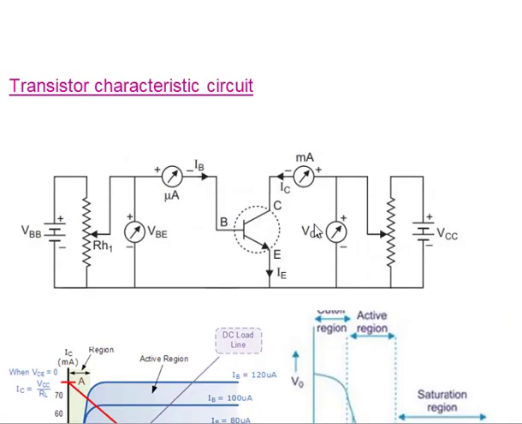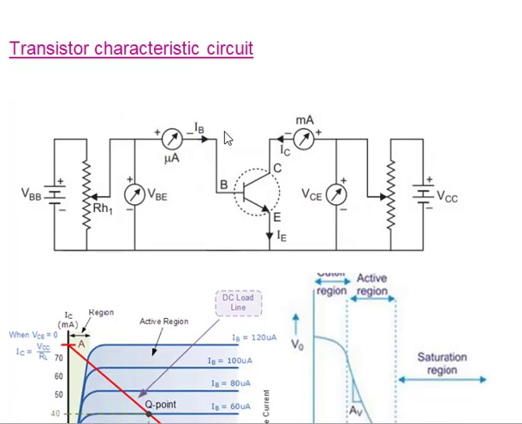Before this, you know well the transistor characteristic circuit. It is the transistor characteristic circuit in common emitter mode. So emitter is grounded, base is the input, collector is the output. The biasing voltage is given here.